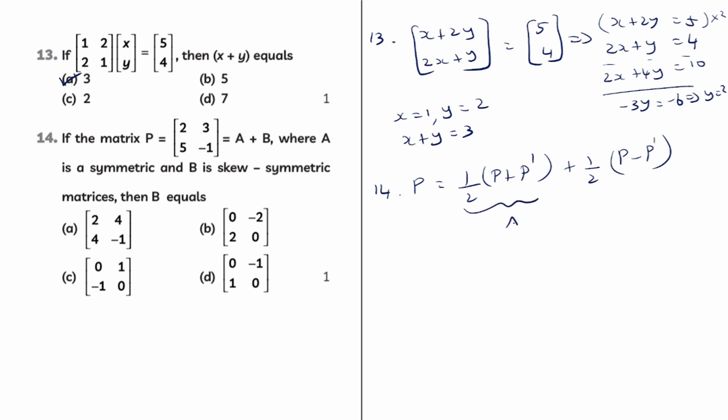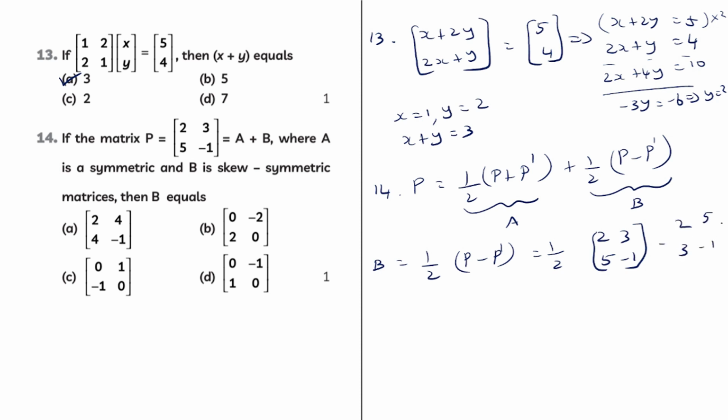So this is A, which is a symmetric matrix, and this is B, which is a skew symmetric matrix. Now we have to find this B. B is equal to half of P minus P transpose. So it is half of P, which is 2, 3, 5, minus 1, minus P transpose, where the first row becomes the first column and the second row the second column.